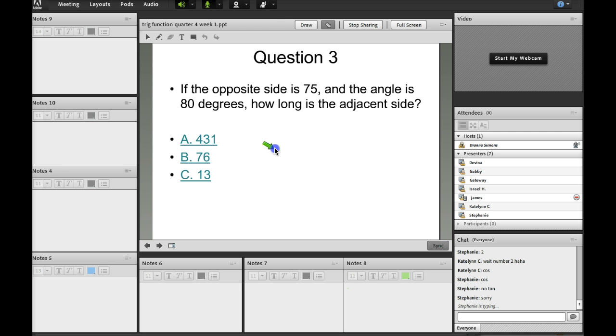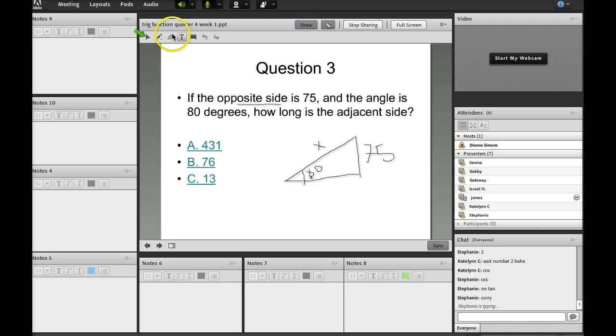Cosine of 80 is equal to 75 over x. That's terrible writing. But we're going to use cosine, guys.